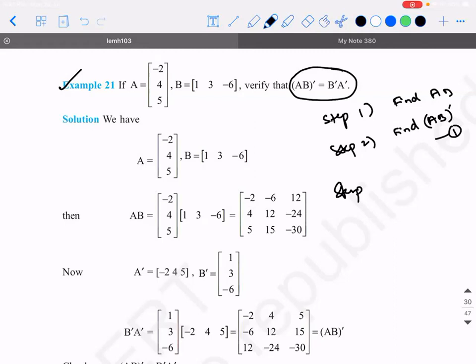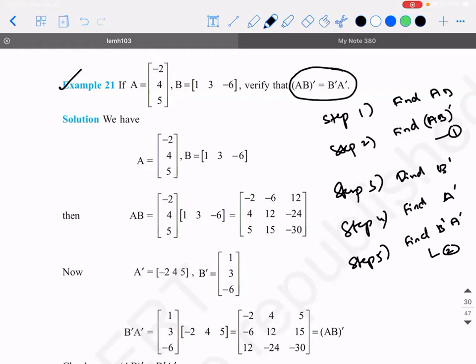Step 3, find B transpose. Step 4, find A transpose. Step 5, find B transpose into A transpose and call it equation number 2. If 2 is equal to 1, then the statement is right. That's it.